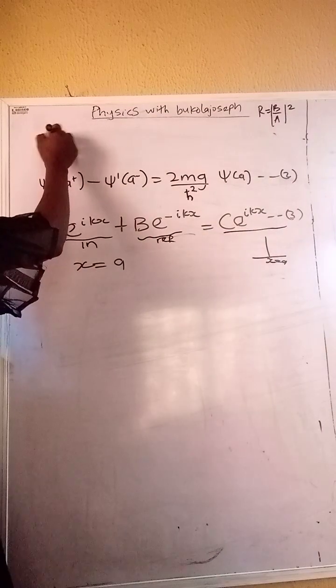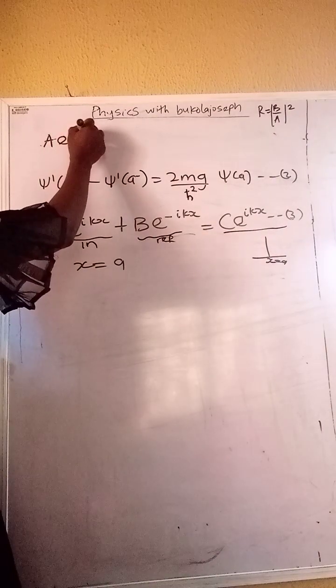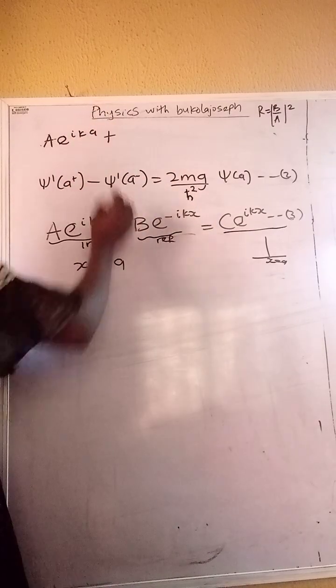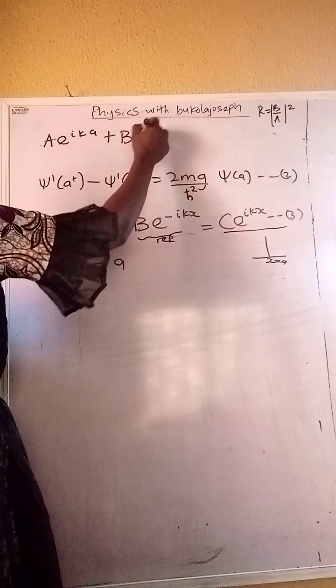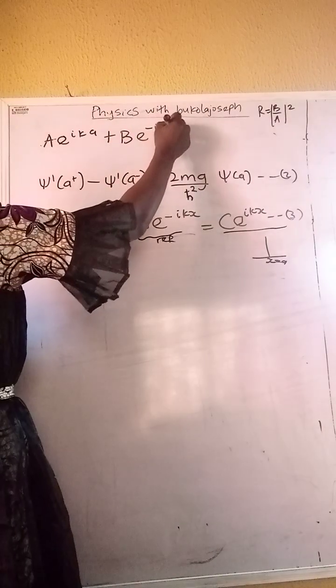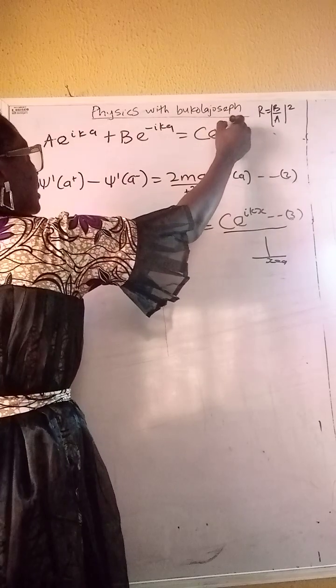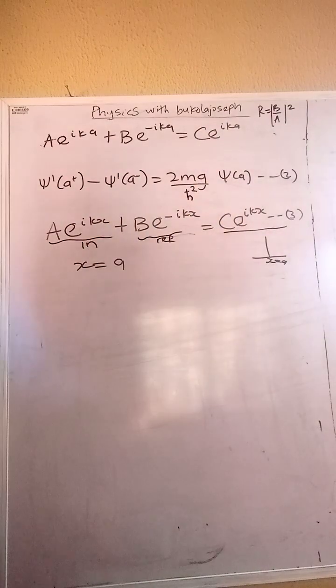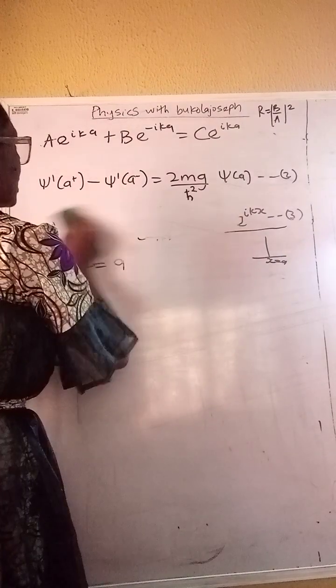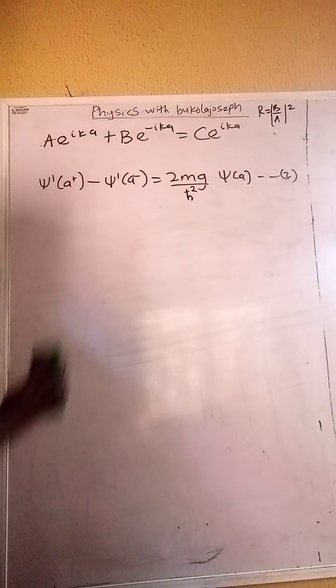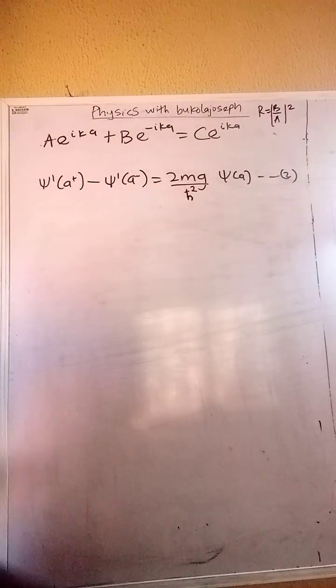Let me put this, we'll be needing this information. A plus, A, B exponential iKa is equal to C exponential iKa. Okay, so let me write this so that we can start from the top, so we have enough space to solve.